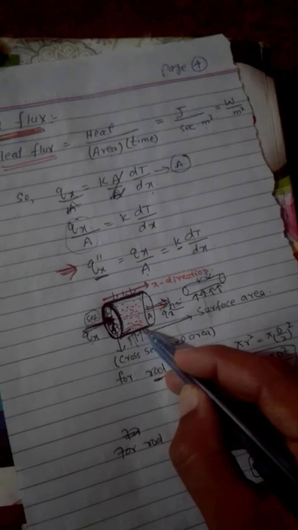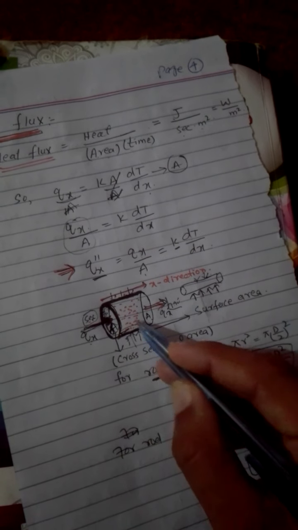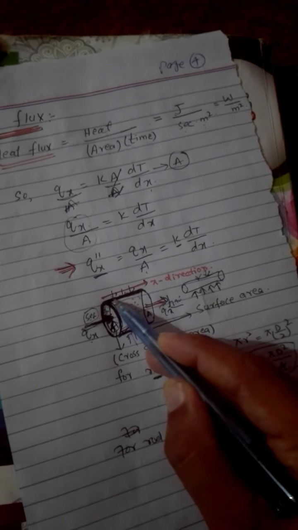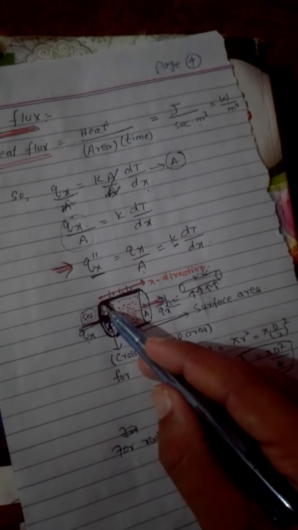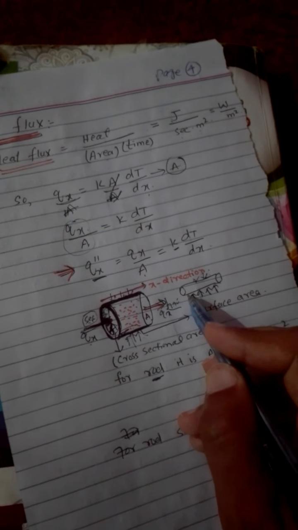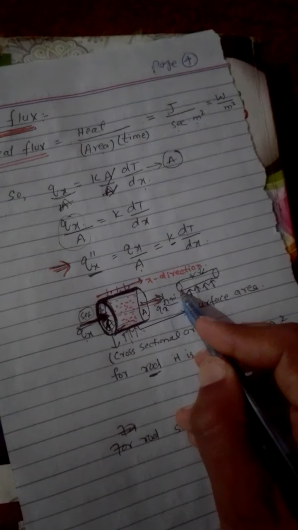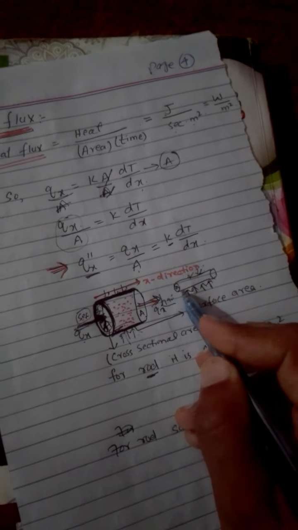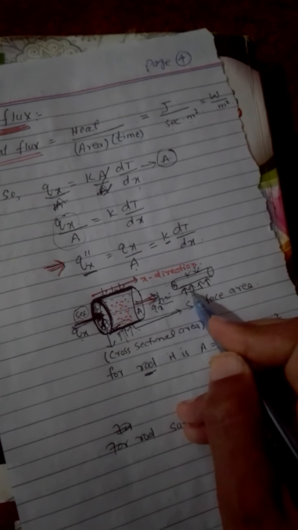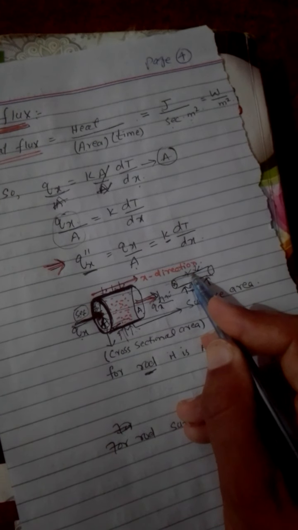Sometimes we use this area, which is the surface area for heat transfer. In heat exchangers, in most cases we use this area, because these end areas we neglect as they become small. Suppose this is a rod, these areas are very small as compared to the surface area, so we ignore them and use the surface area.